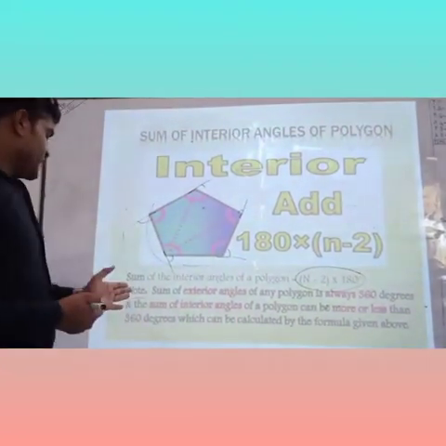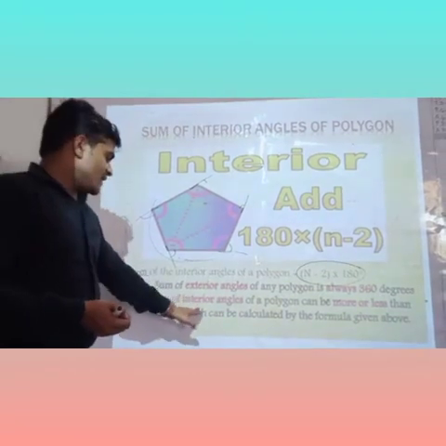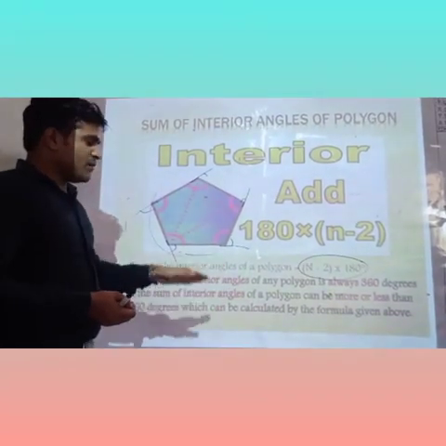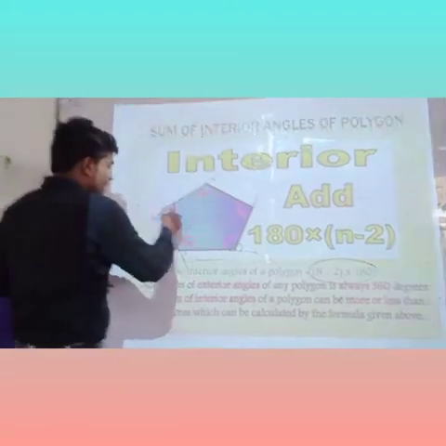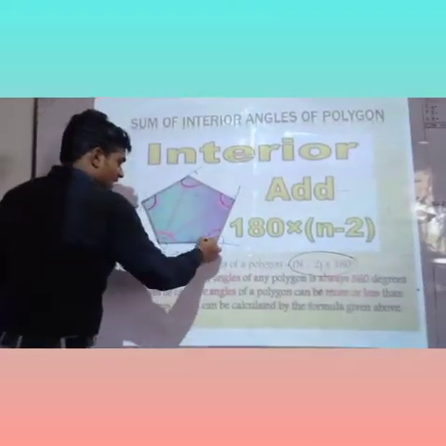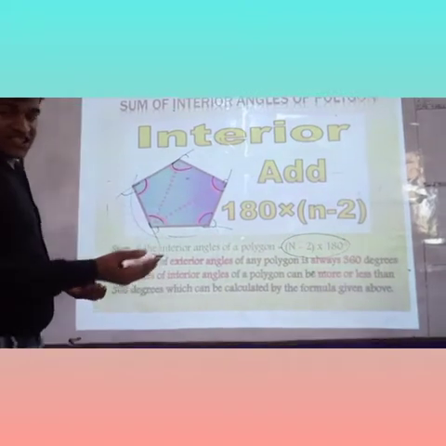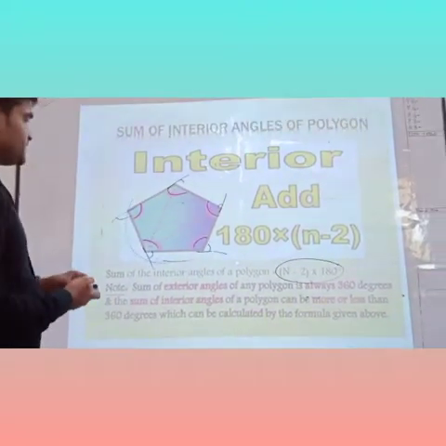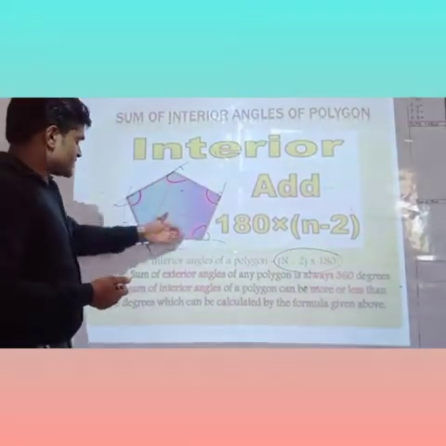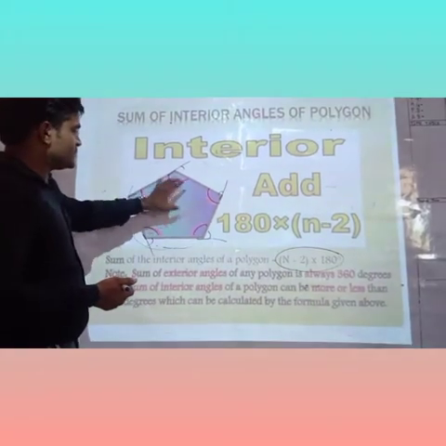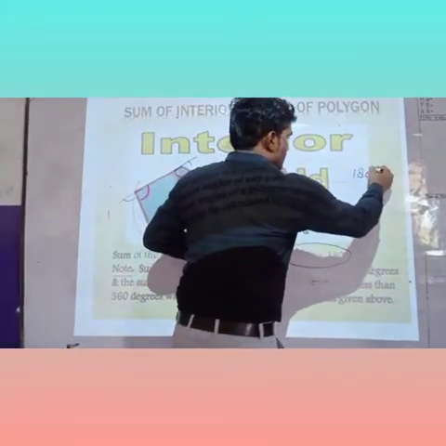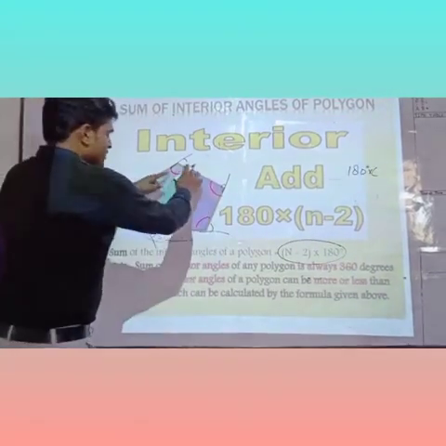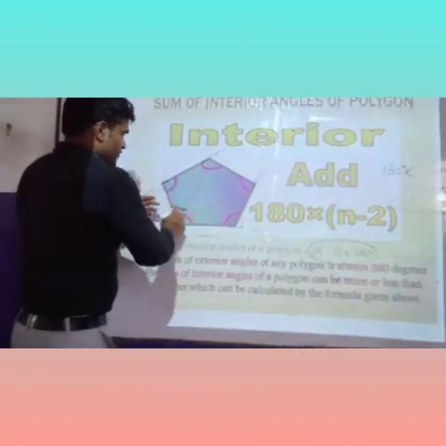Okay, and children, the sum of interior angles of a polygon can be more or less than 360 degree. We will find the sum of interior angles of this pentagon. So what will you get? 180 degree multiplied by how many sides are there? 5. 1, 2, 3, 4, 5.